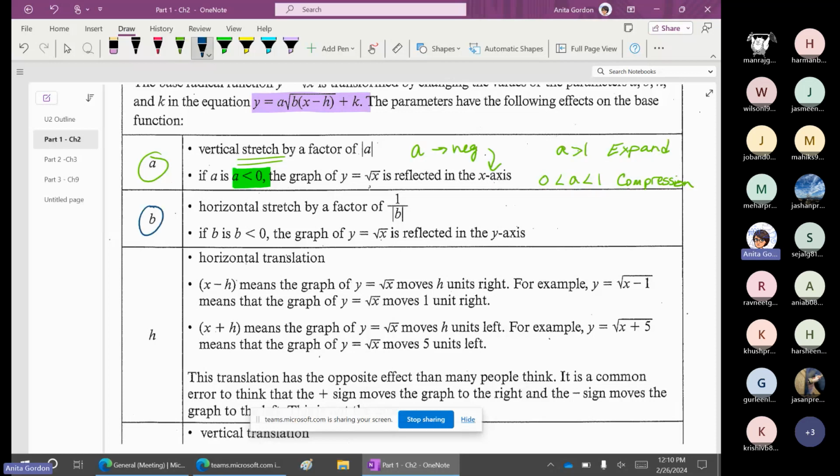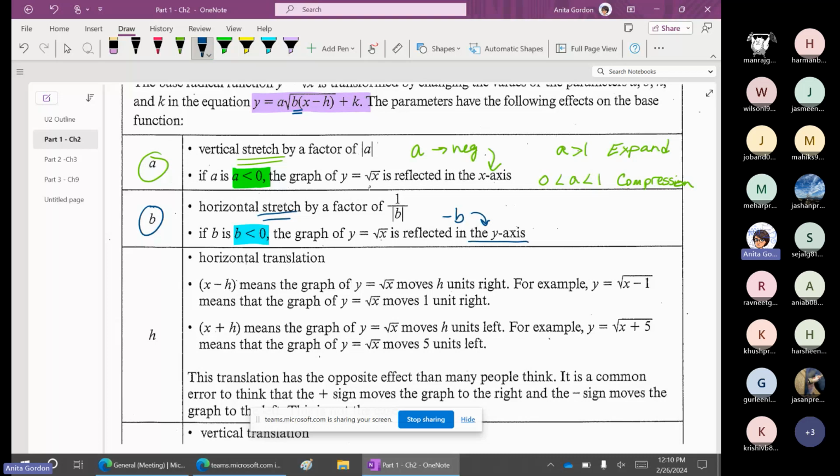Similarly, B is inside of the radical, but outside of the bracket. This represents a horizontal stretch, and the same rules apply. B less than 0 means we have a reflection over the y-axis, right? So if B is negative, then we have a reflection over the y-axis.